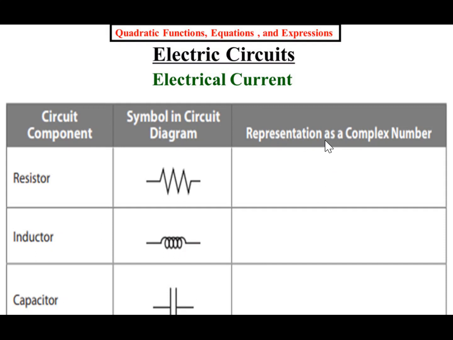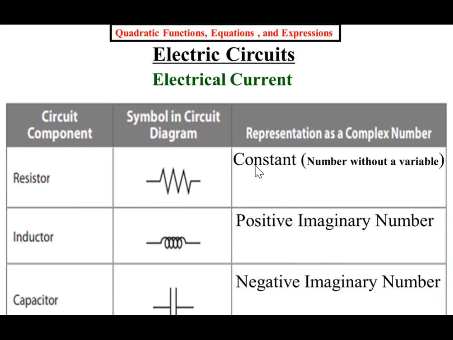In the last column, it says we're going to represent that using a complex number. So, in simple words, a resistor becomes a constant, basically a number without a variable. An inductor becomes a positive imaginary number, and a capacitor becomes a negative imaginary number.